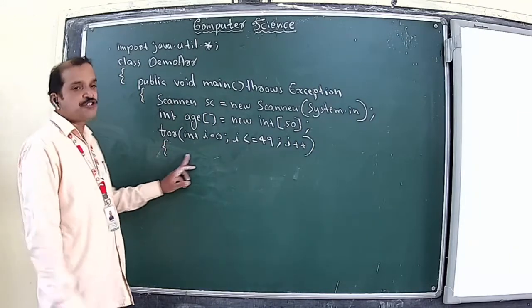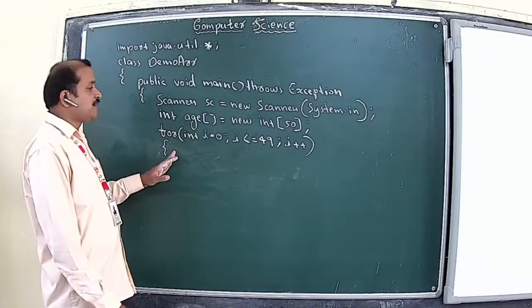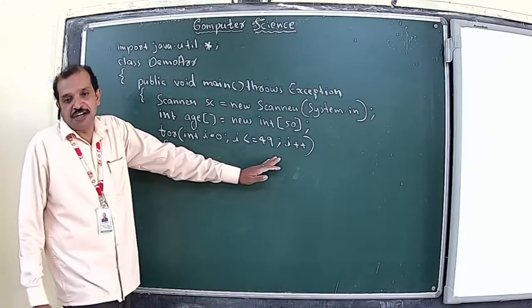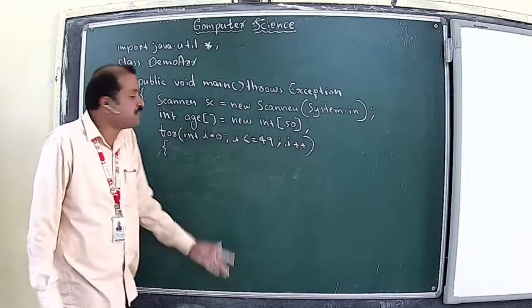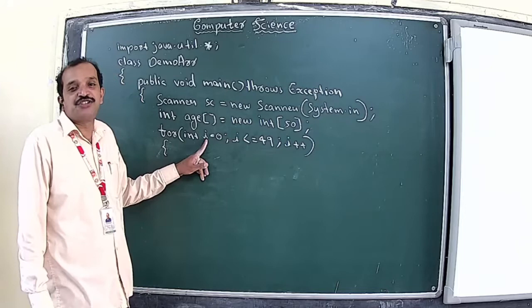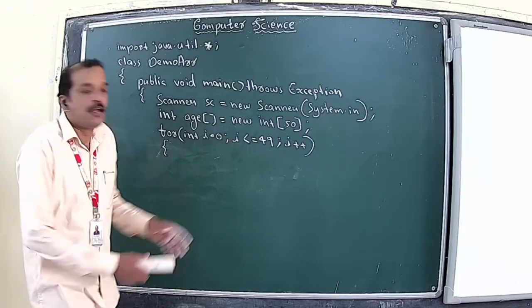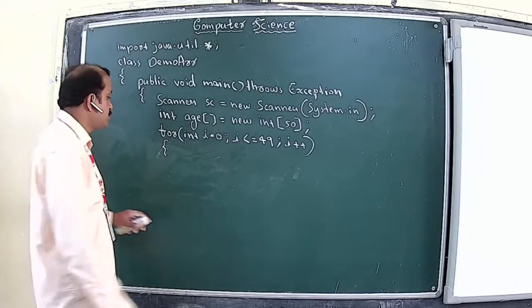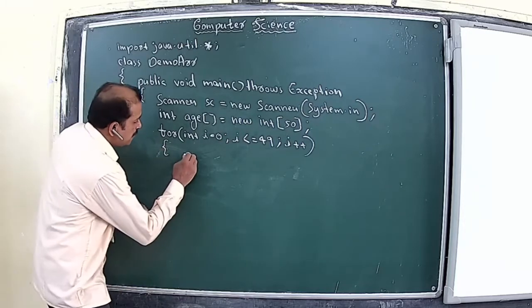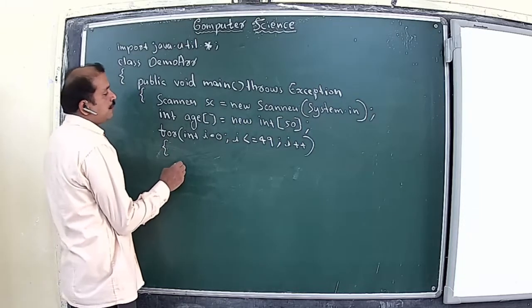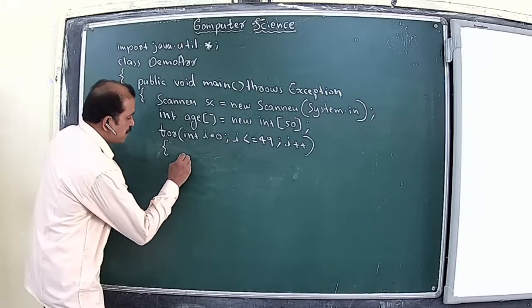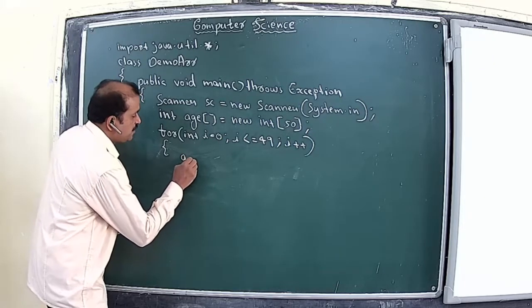Definitely a prompt also can be given here, like System.out.println, enter the age of the first person or second person, and even the value of i can be used for giving that prompt. But our task is mainly skill building, so we are going to initialize these array elements directly. This is how it can be done.